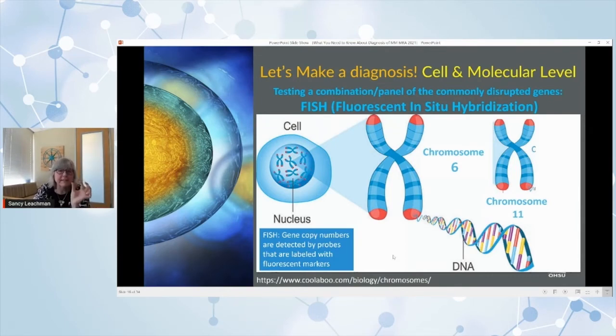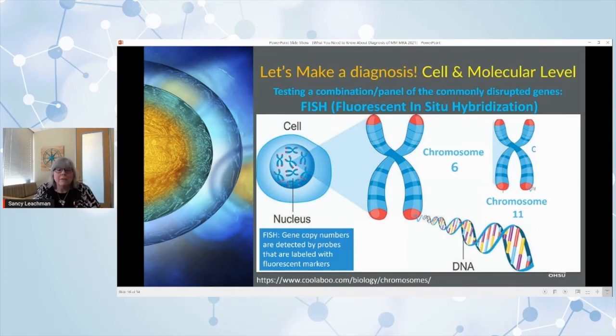They match up with the DNA, but they bind to DNA that is important for controlling melanocyte growth. And so if they're out of whack, if you have too many copies of them, or too few copies of them, then that tells you that that cell is not going to be functioning completely normally.